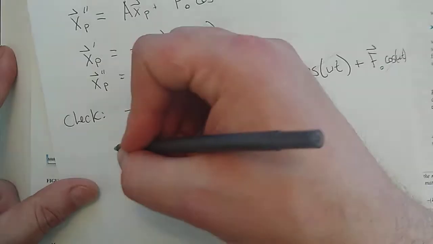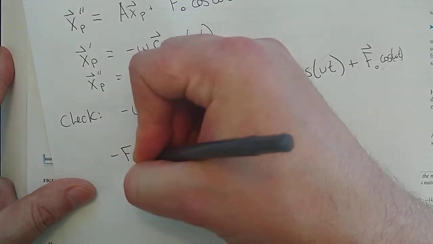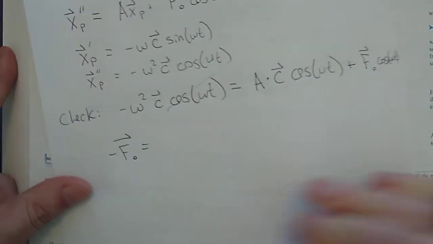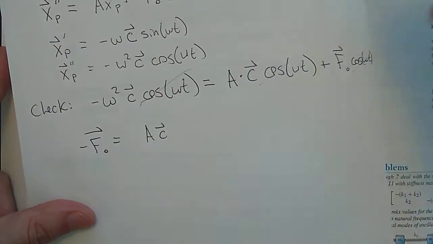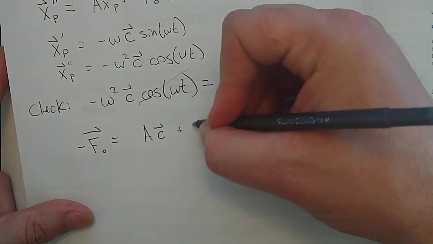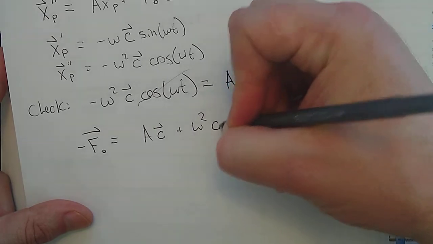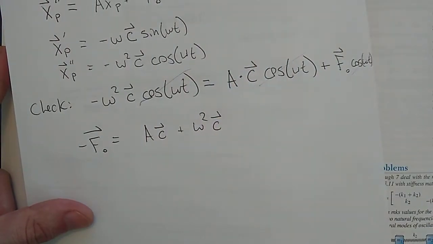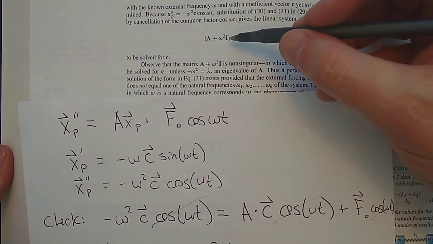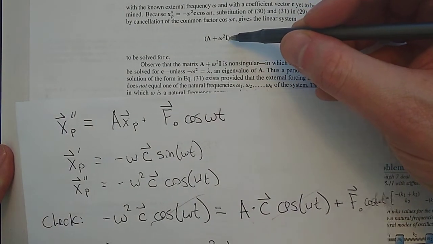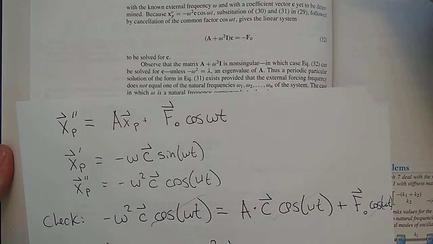So I would get negative F naught equals AC plus omega squared C. And I'm almost there because this says this.